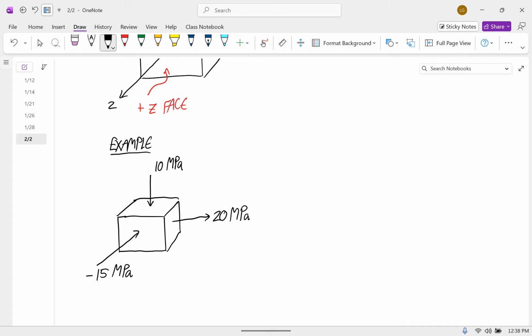And we want to express this in a coordinate system that's rotated 45 degrees counterclockwise about the z-axis.